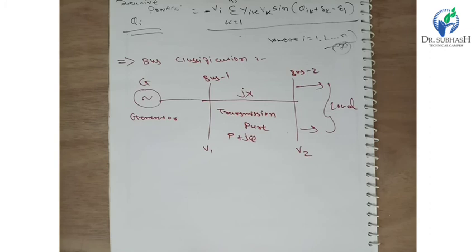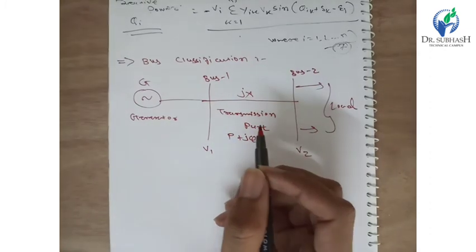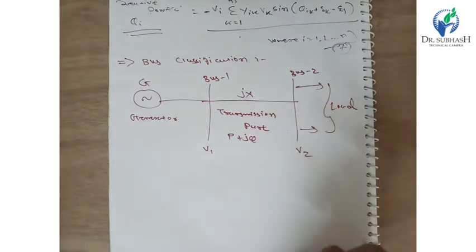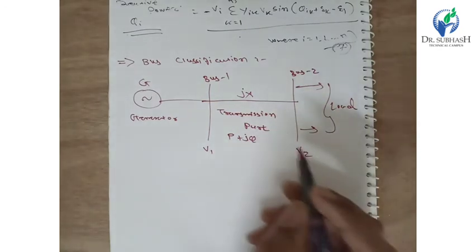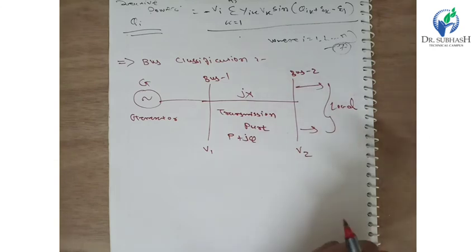We know that each bus in a power system is associated with four quantities, namely real power, reactive power, voltage magnitude and phase angle. We discussed all this in a previous topic. In a load flow problem, two out of the four quantities are specified and the other two parameters are to be determined for the solution of the load flow equation.